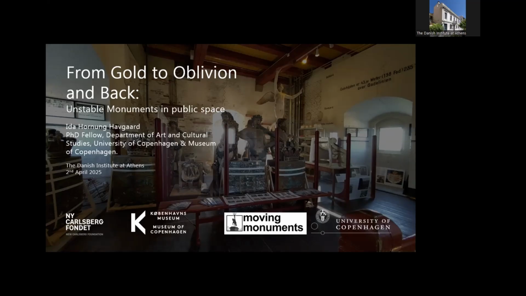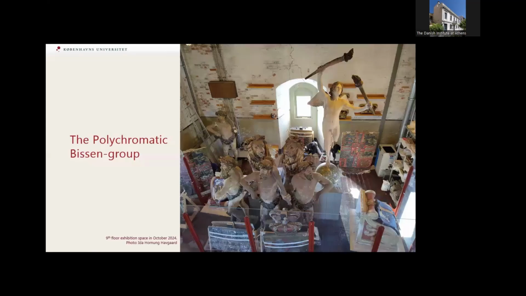My research project, From Gold to Oblivion and Back, a site, surface and user-sensitive study of monuments in public space, long title, centers around a case study of a group of polychrome plaster sculptures and reliefs, which I refer to as the polychromatic Bissen group.